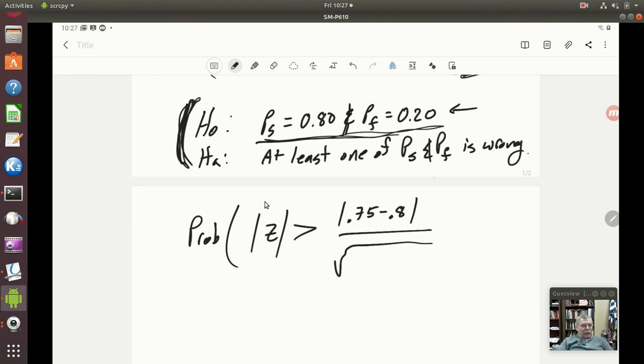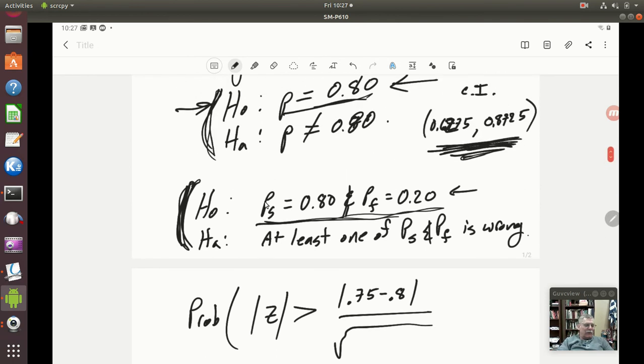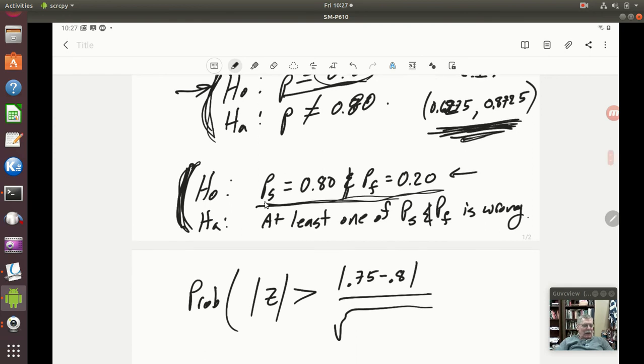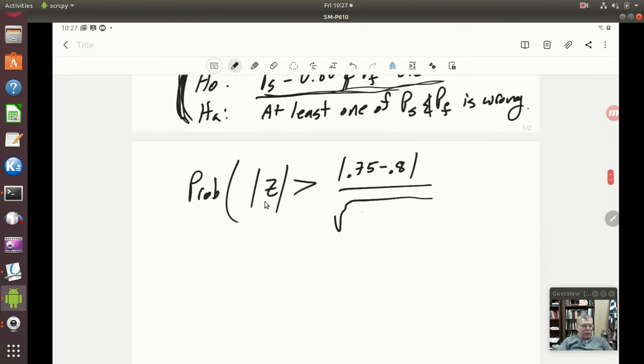Since we have hypothesized the population has a probability of 0.8 for success, we would use 0.8, 1 minus 0.8, and then divided by our 48, instead of the 0.75 that we used for our standard error.